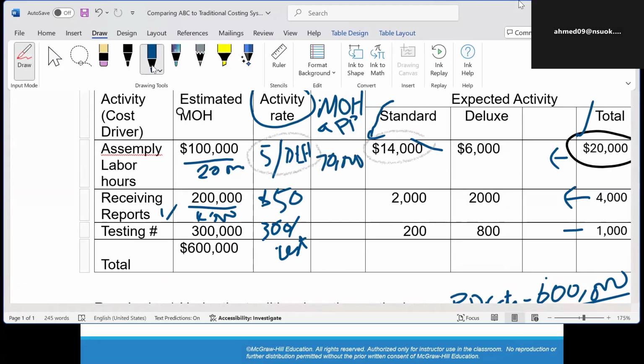Also, under here, I have to have MOH applied. 6,000 multiplied by 5 gives me 10,000 here. 50 multiplied by 2,000 gives me 100,000.